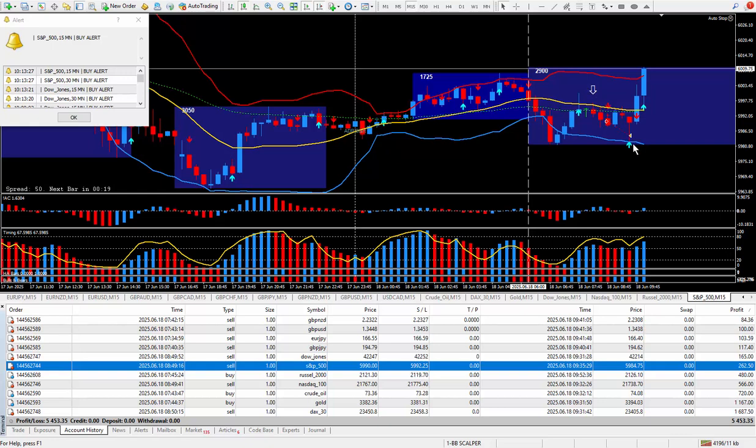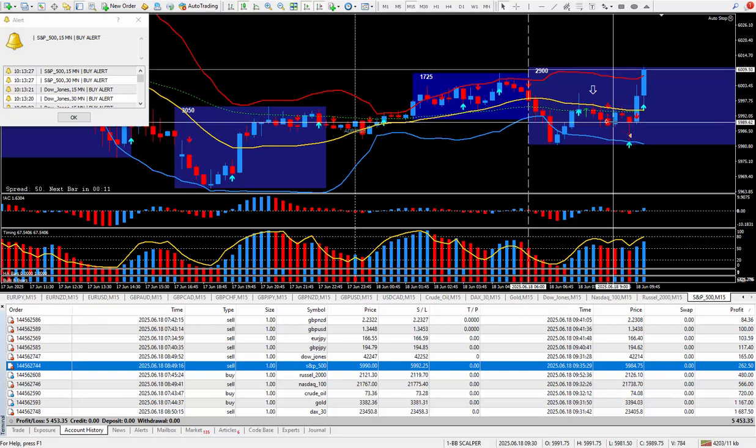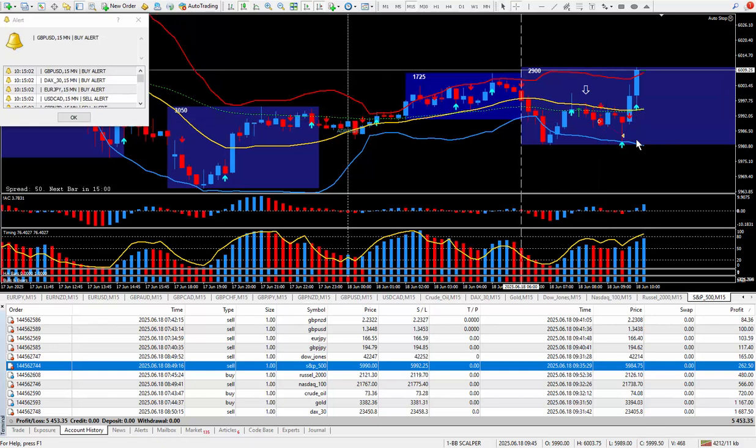Again, wouldn't go any further, wouldn't break the support here, so I'm glad I'm out as the market's going in the other direction now. Now we're looking for 52. That's as close as I'm going to be able to show, but it's 52, and that ended up paying out $262.